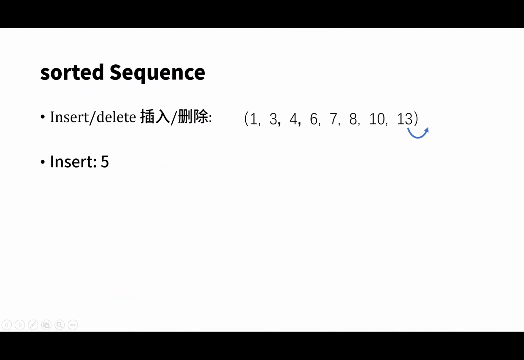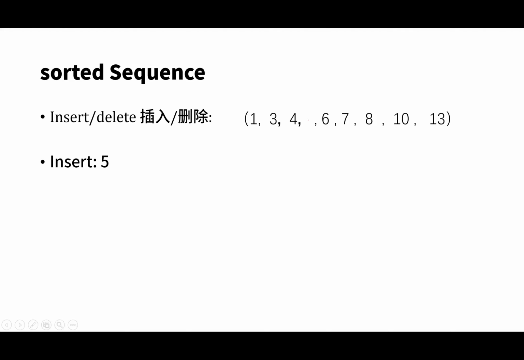Binary search is very fast for ordered or sorted sequence, but insert or delete operation requires a lot of time, a lot of movement. For example, if we want to insert 5 to the sequence, 5 should be inserted here, and we must move elements from here to the last to the next position.